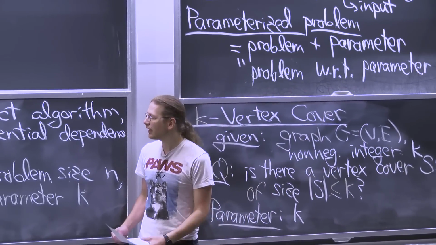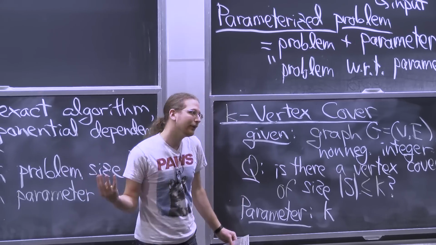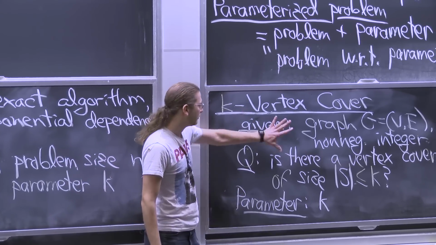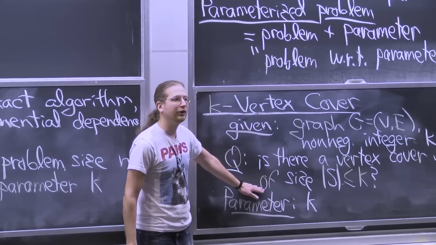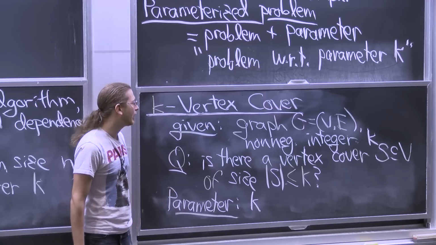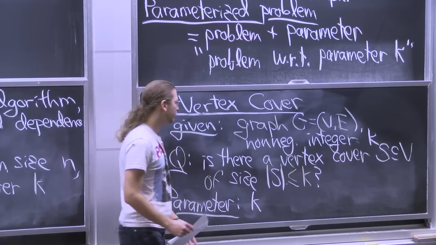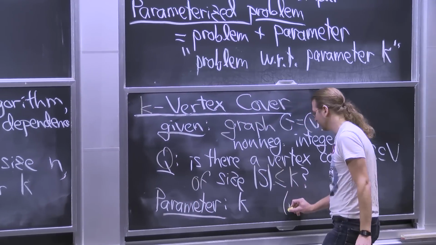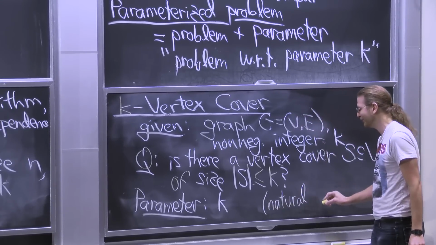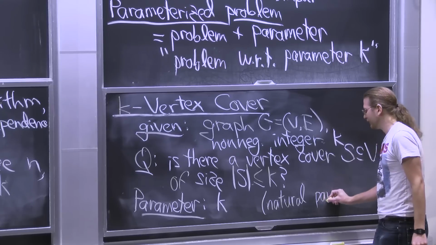That's the kind of obvious choice for the parameter. It doesn't have to be the only one. But today, we're just going to look at vertex cover with this parameterization. In your problem set, you look at another problem with another natural parameter. This is usually called the natural parameter. But there's no formal definition of natural. That's just intuition.